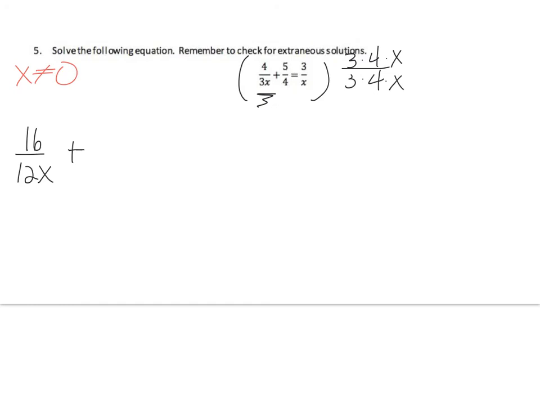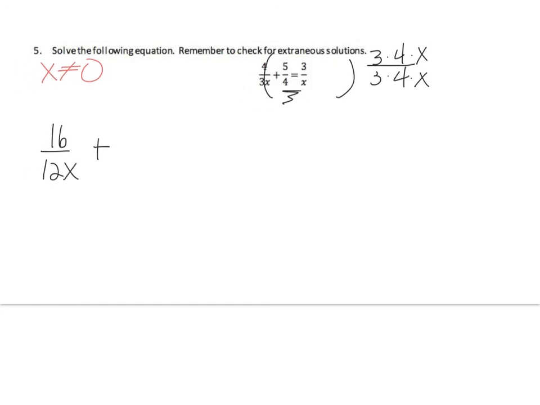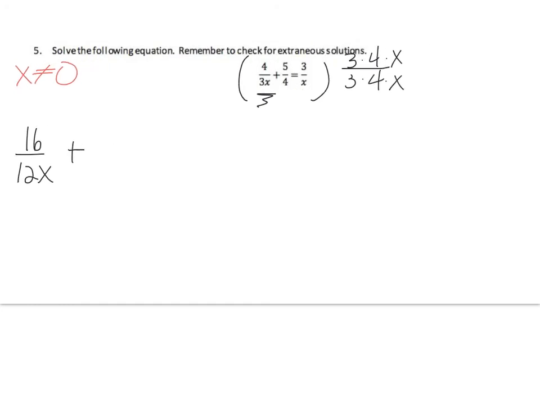The second term, oops, I already have a 4. I need a 3 and an x, so 15x. And the last expression, I need a 4 and a 3. So 12 times 3 is 36.